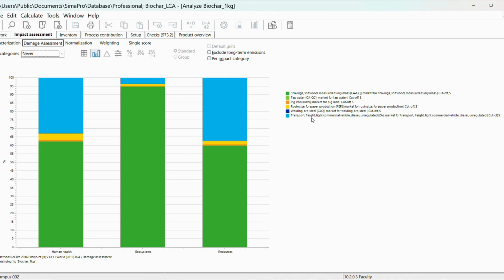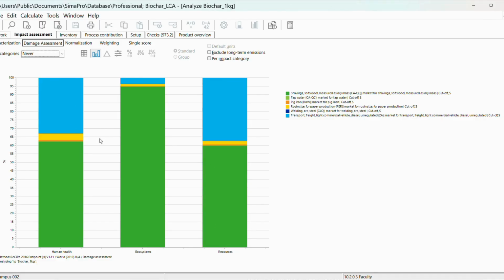So overall we can say, from a final damage assessment perspective, that wood and transportation are the major contributors. Similarly, if you are assessing the ecosystem damage, then we can conclude that much of the damage is from softwood only. Other contributions are very, very less in the ecosystem damage category, and so on.